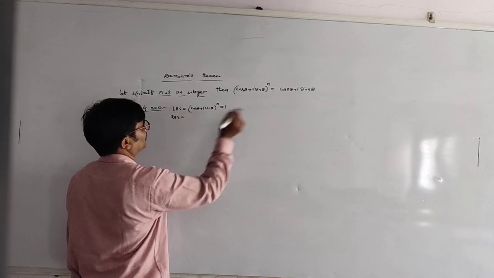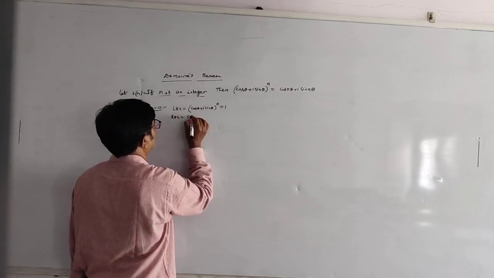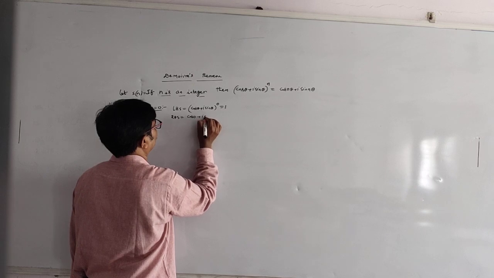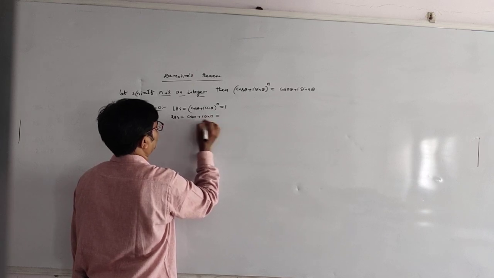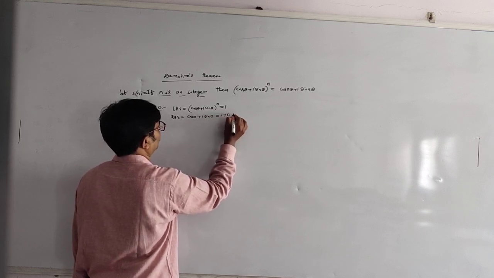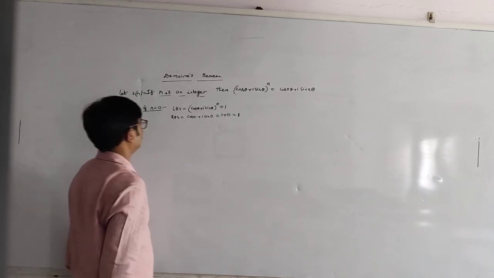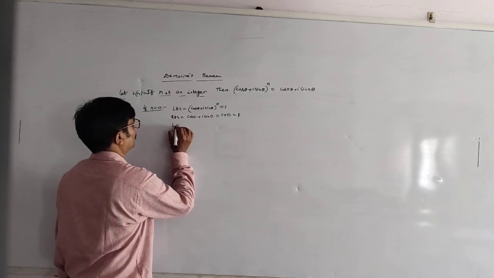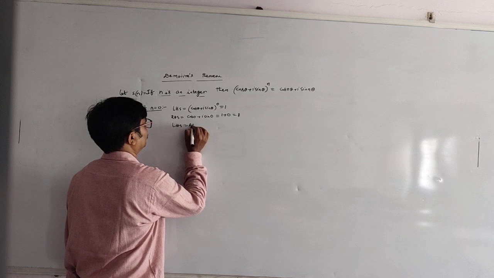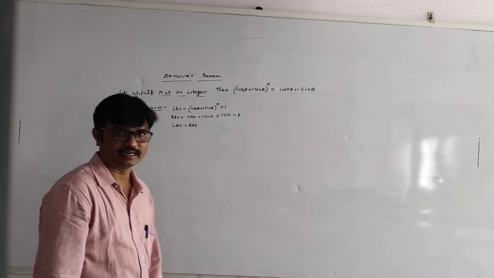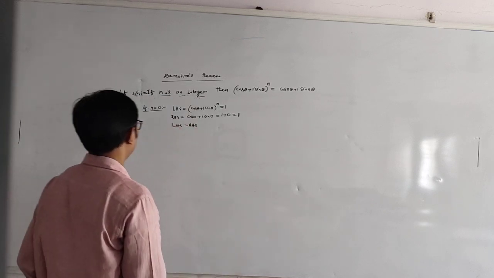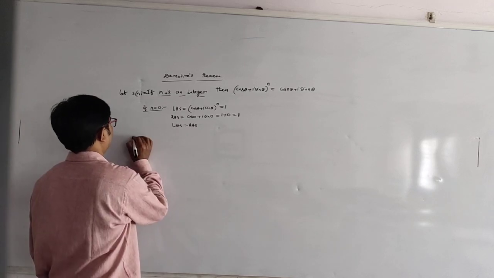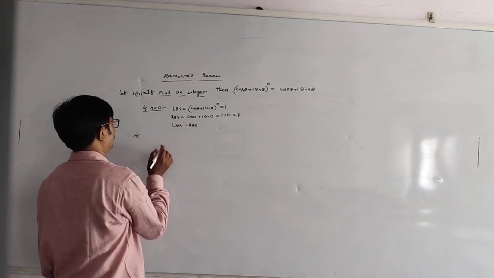Now the right hand side is cos 0 plus i sin 0. Cos 0 is 1, sin 0 is 0, that is also 1. So the left hand side equals the right hand side.